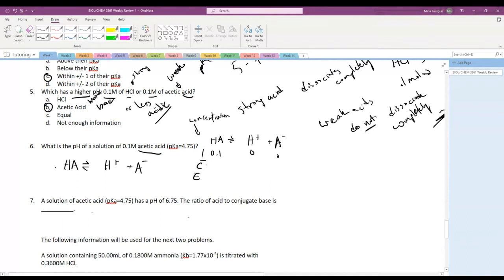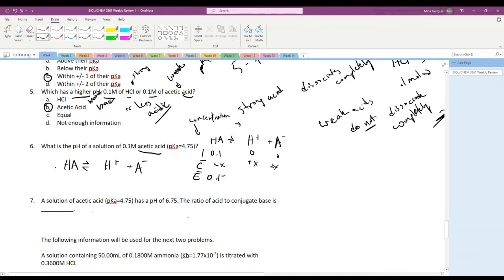Concentration, so 0.1 molar. C, change: this reaction has to go to the right because there's nothing on the right side. So this is going to decrease by some amount, and these are going to increase by that same amount. Okay, and so E is equilibrium, or I think of it as equals because we almost just treat these as equations and add them straight down.